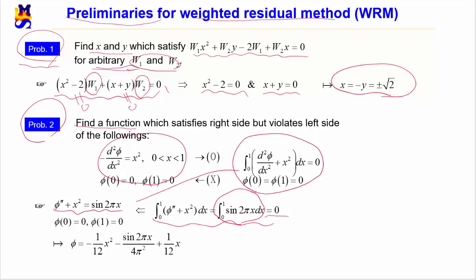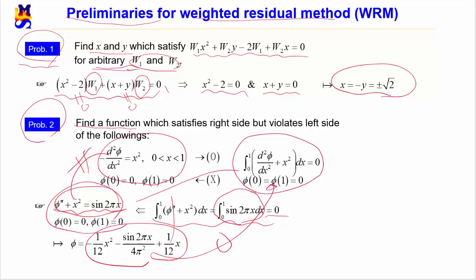However, this new boundary value problem is different from this given boundary value problem. Of course, this function satisfies the right side but violates the left side. These two examples may be very helpful for your understanding and expanding your experiences towards the weighted residual method.